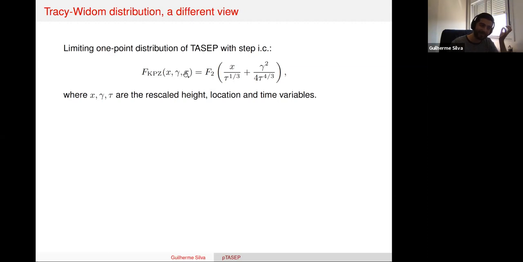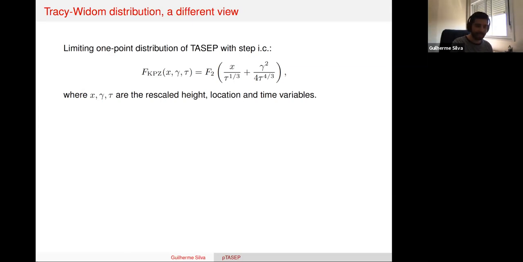So the height function for the standard TASEP is a function of 3 variables, or the fluctuations for the height function of the TASEP truly depend on 3 variables, although, of course, it's just such a simple transformation that no one ever cares about that. But anyway, we want to care about that, just because it has some nice features and it's easier to compare with the periodic TASEP if you do that.